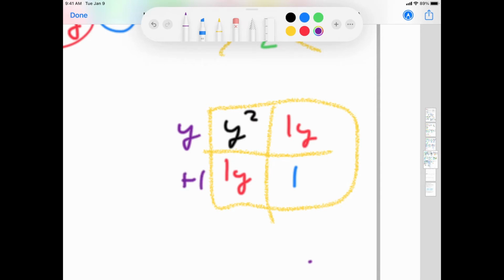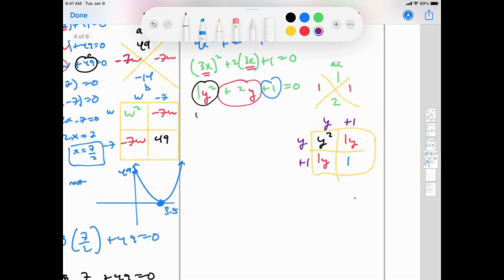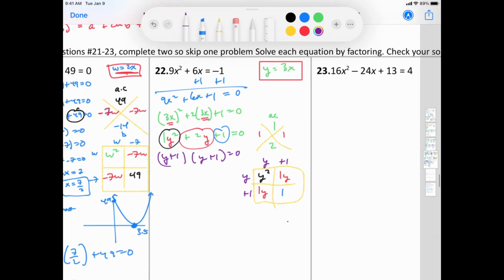Y, 1, Y, 1, y plus 1, y plus 1. And then here, this is where I would do my substitution.